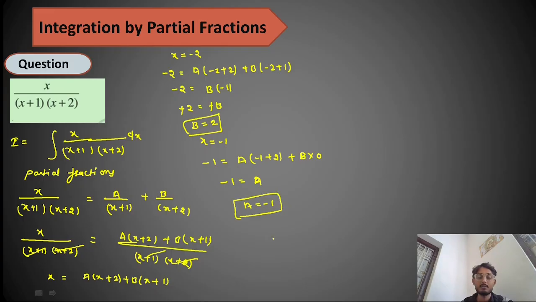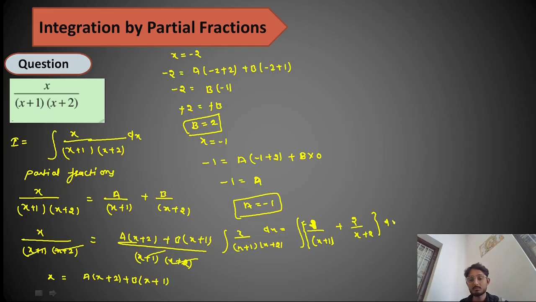Now you can write the values of a and b, and you will get x upon x plus 1 x plus 2 dx equal to minus 1 upon x plus 1 plus 2 upon x plus 2, and you can find the integration of this term.